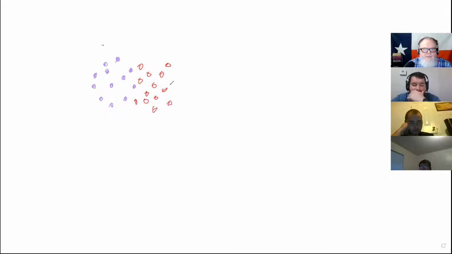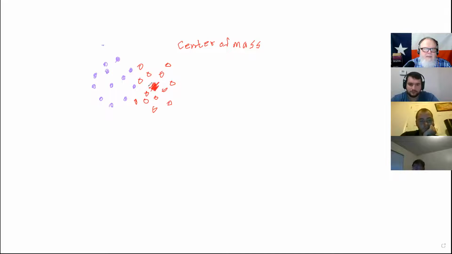And the first step is to find the center of mass of the data. Now over here, the center of mass might be, I'm just eyeballing it here, but the center of mass might be here.